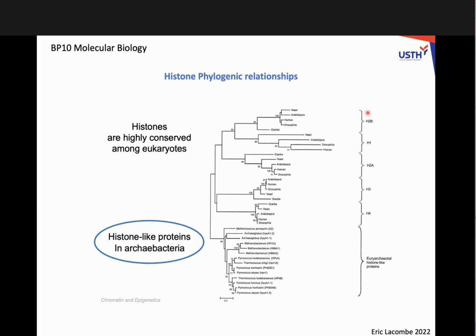You don't have these proteins in prokaryotic cells. Why? Because what is the characteristic? I mean, the main difference between a eukaryotic cell and a prokaryotic cell in terms of DNA. What is the main difference?